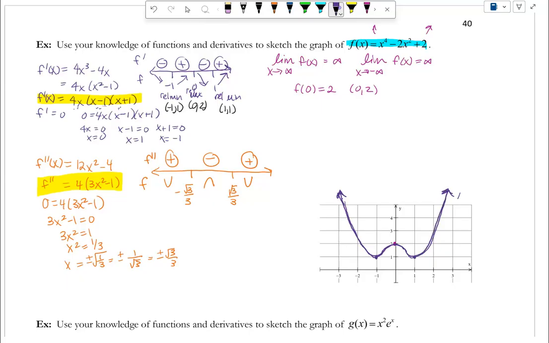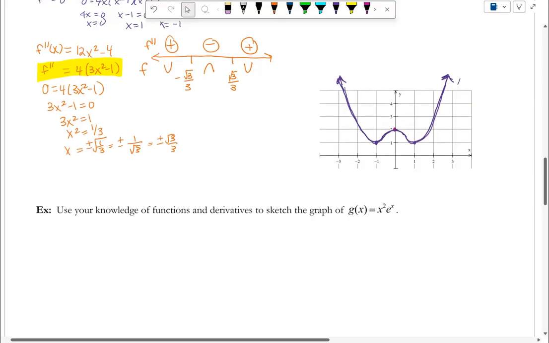But that is roughly what our graph would look like there. So again, we can use those two things that we have learned in combination about how the sign of our first derivative informs what we know about our function, and how the sign of the second derivative informs what we know about the concavity of our function, to make a fairly accurate graph there.